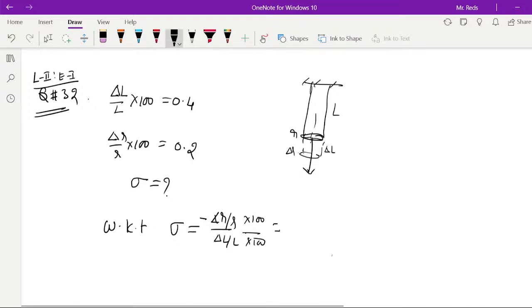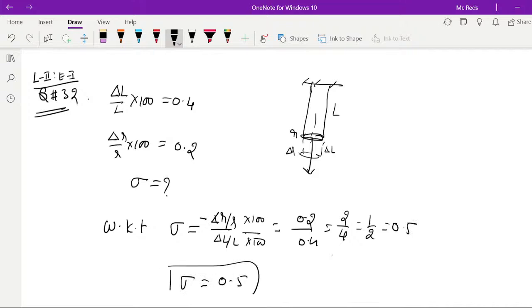So what is given is delta R by R into 100 is 0.2, and delta L by L into 100 is 0.4. So it is equal to 0.2 by 0.4, which is 1 by 2, equal to 0.5. So the value of sigma is obtained to be 0.5. Of course, you can take the negative sign as well, but here the negative sign is not mentioned, so you can take this value. This is how you have to deal with this one.